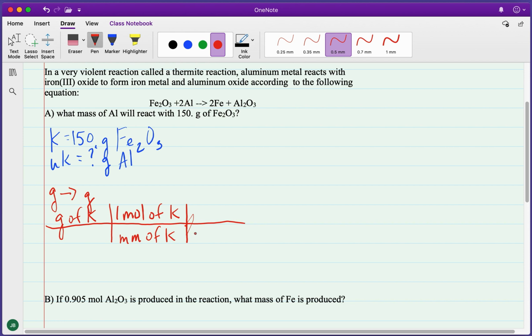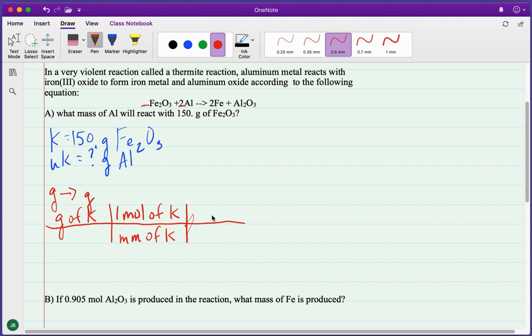So the mole ratio is what we're going to use next. And we have here 1 mole of the Fe2O3, and we have 2 moles of the aluminum.